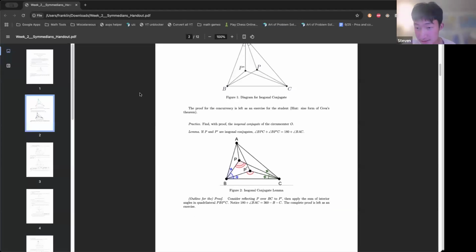Vincent said that if only two symmedians intersect, then it is not an orthogonal conjugate. What do you mean by that?